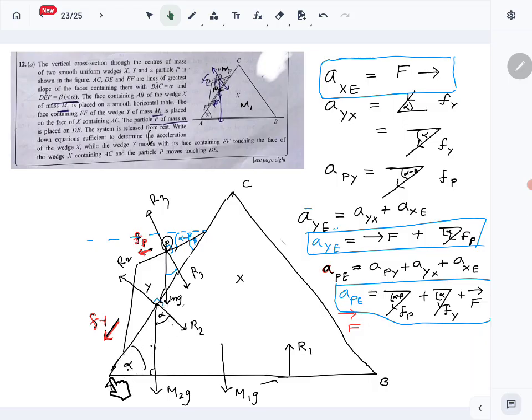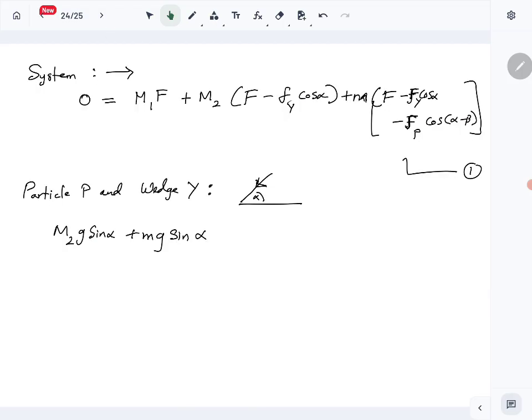Remember, along AC surface. So that is going to be mg sine alpha, equal. Now we need to figure out the accelerations for m2.